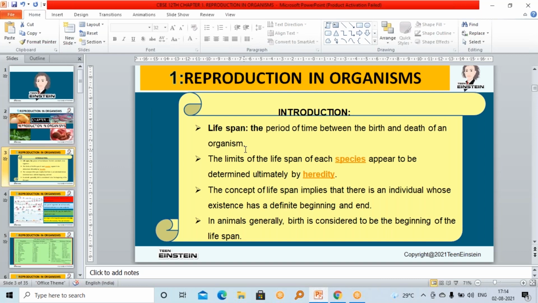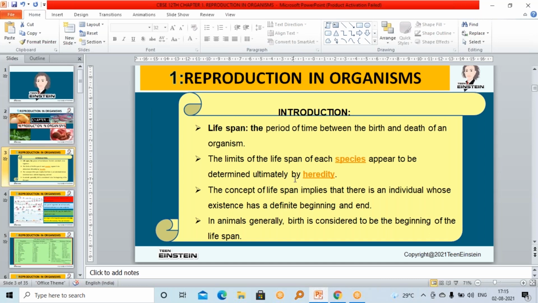So what is lifespan? The period between the birth and death of an organism is called lifespan. For each organism this is different. The lifespan of each species is different, and it is determined by what? It is determined by heredity.